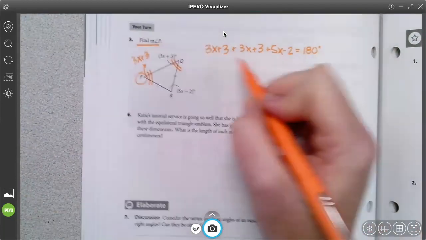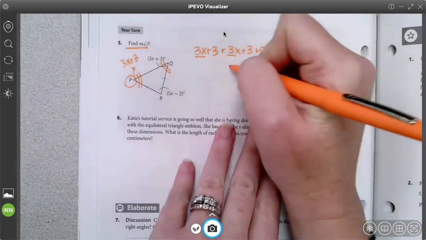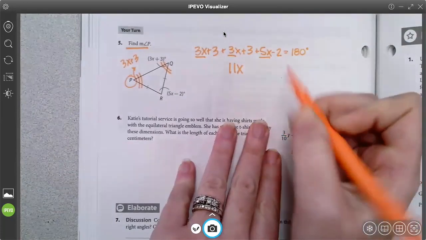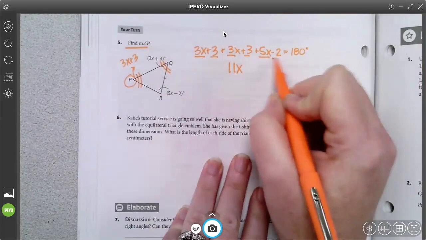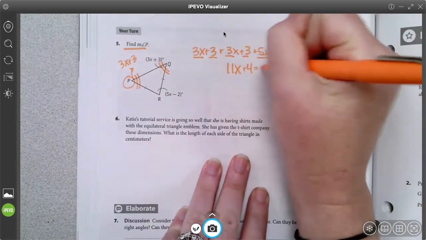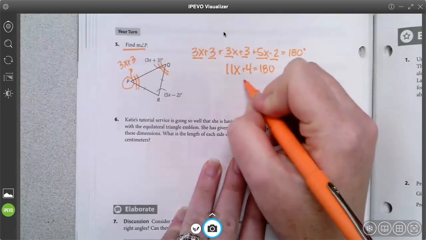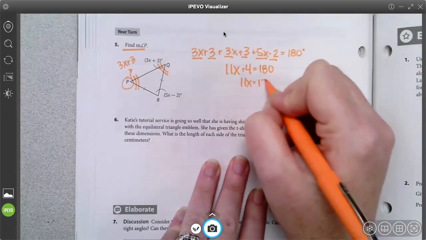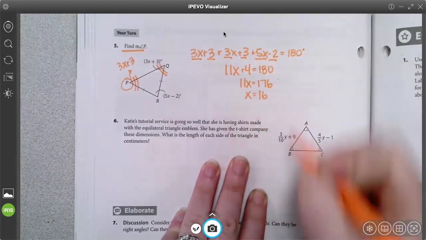We're going to combine like terms. 3 and 3 is 6. 6 and 5 is 11 x's. Also going to combine our integers. 3 and 3 is 6, minus 2 is 4. Then we subtract 4 from both sides, and 11x equals 176. Divide by 11, and x is 16.